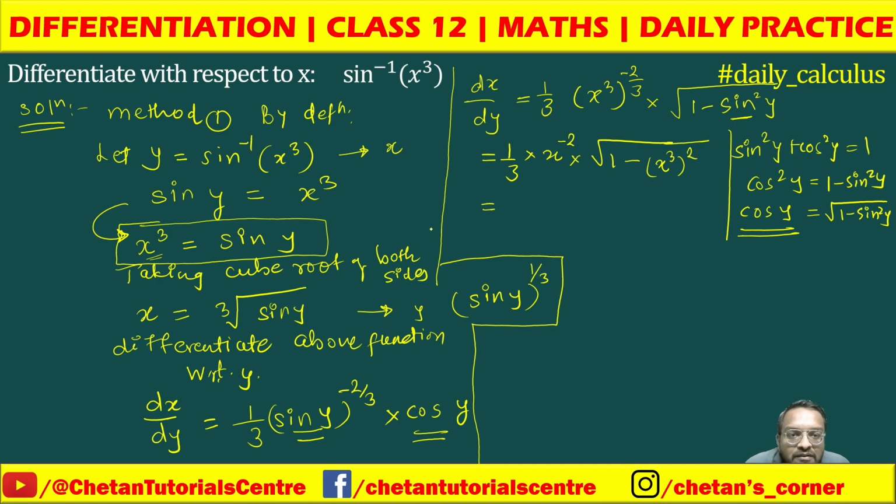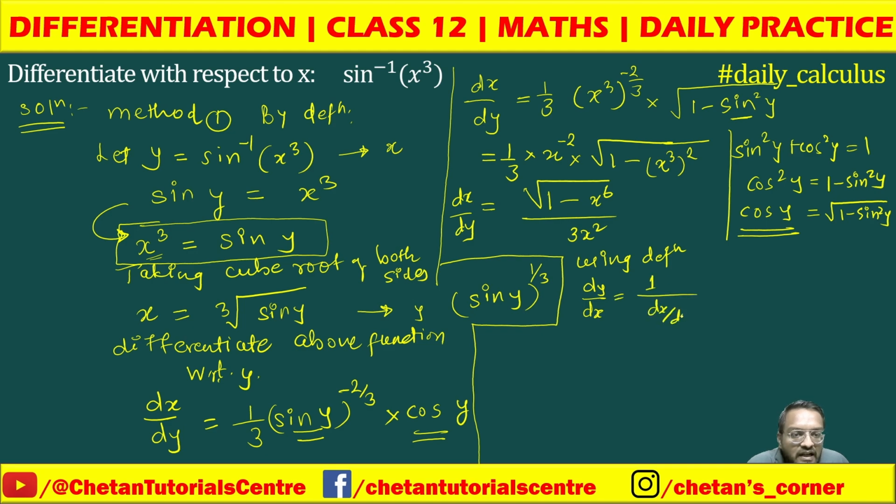So on further simplifying, what I will get, dx by dy is equal to under root of 1 minus x raised to 3 bracket square will give you x raised to 6, divided by 3x square. Now using the definition, dy by dx will be equal to 1 upon dx by dy.